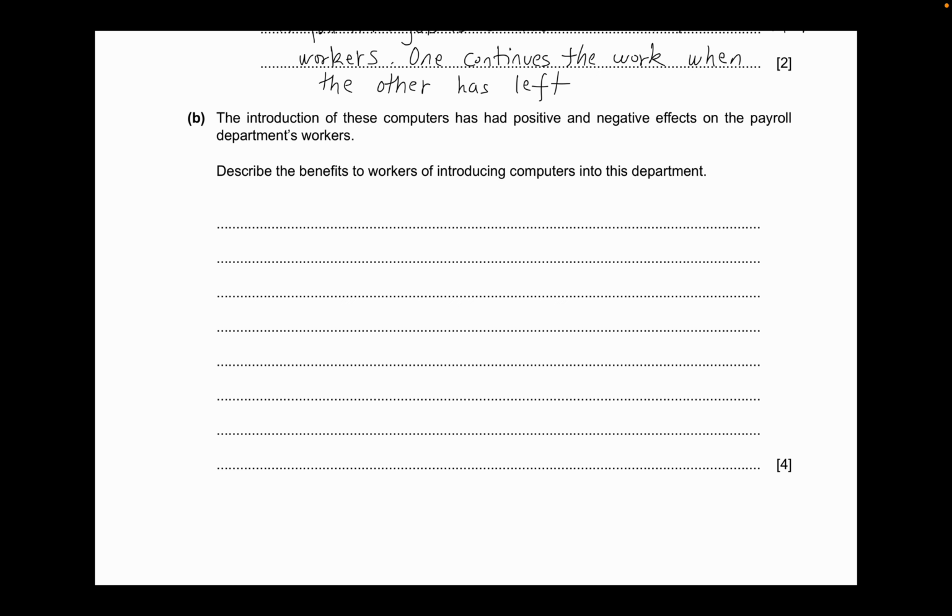Describe the benefits to workers of introducing computers into their department. So, this is for 4 marks, so you can write 4 points. You can say that the staff are kept more up to date with their work. You can also mention that there's an increase in job opportunities.